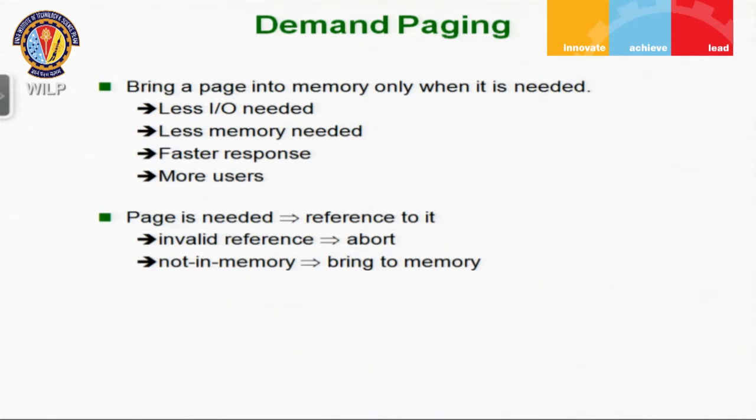In that case, for invalid references, the process can be aborted. The other case is that the reference is a valid reference, but it is not in memory. If it is not in memory, we need to bring that information into memory. So we need to assign a frame, read the page from the backing store, and bring that information into the memory. So this is how demand paging usually works.